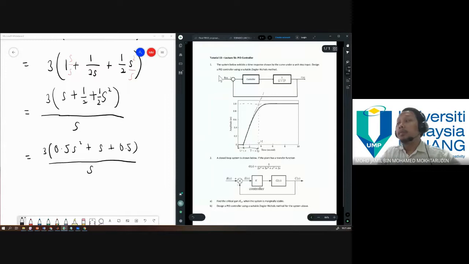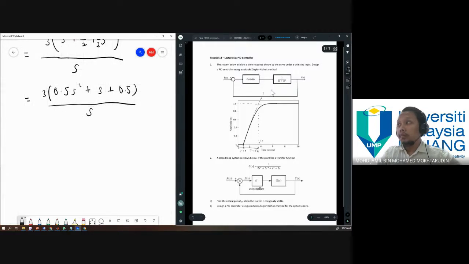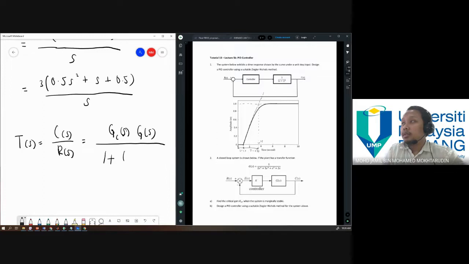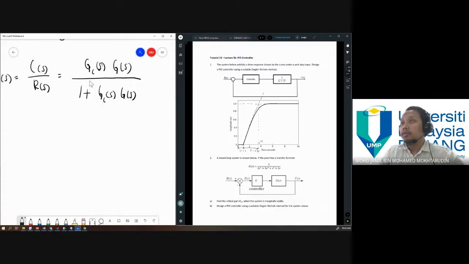But sometimes maybe the question asks you to find the closed loop transfer function, meaning that you need to simplify this block diagram. So to find the closed loop transfer function, simplifying C(s) over R(s), you get Gc(s) times G(s) over 1 plus Gc(s) times G(s). So just substitute the values from the transfer functions.